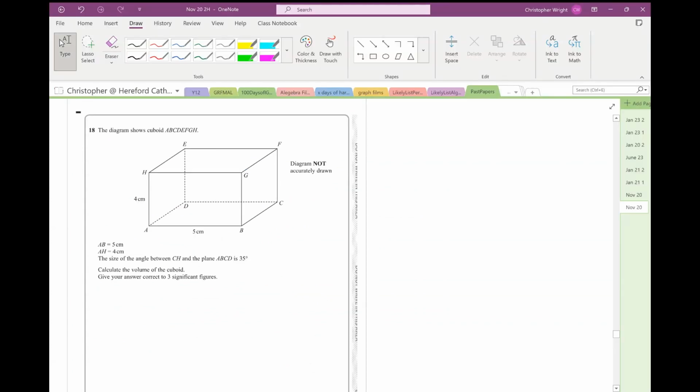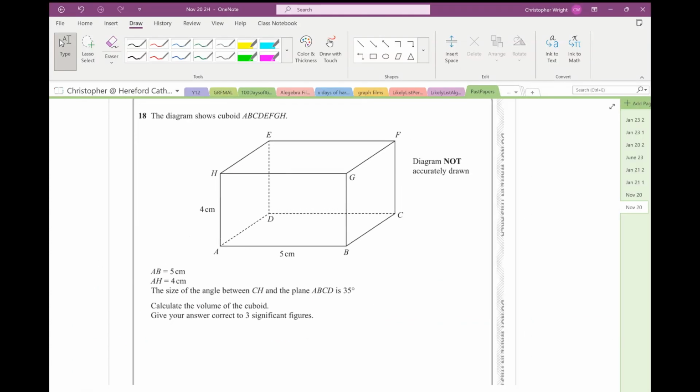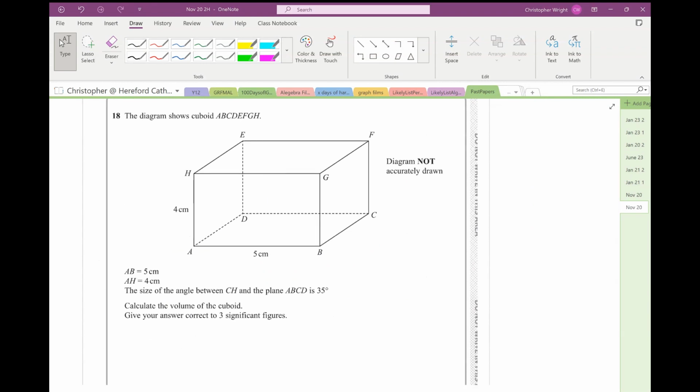Question 18. I've got a cuboid here, and I'm given a couple of side lengths which are already drawn on the diagram.